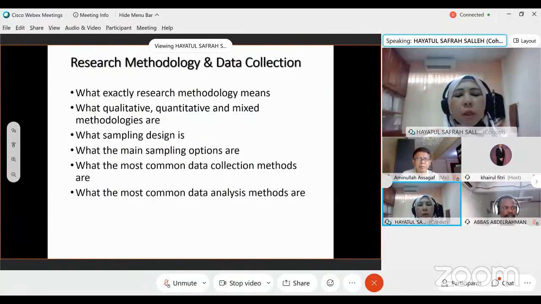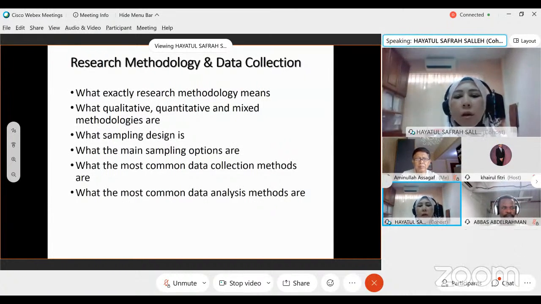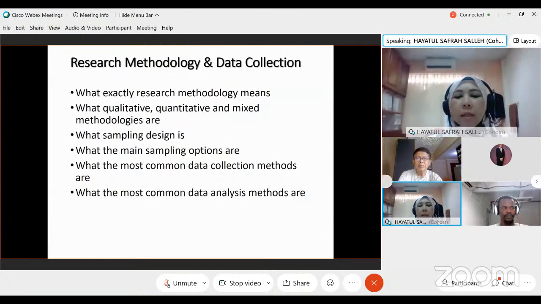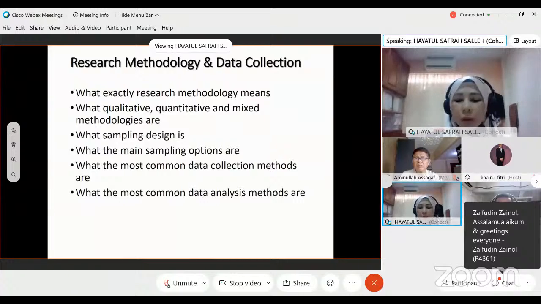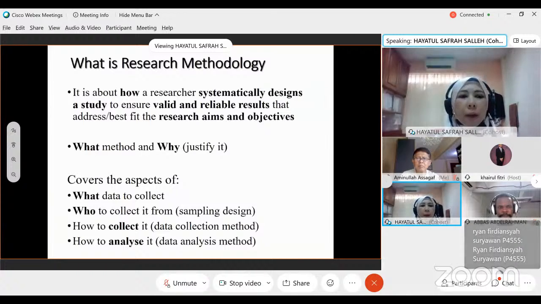And lastly, we will discuss the common data analysis methods. I say common because there are a lot of data collection and analysis methods you can use, but we will only discuss the most common ones that researchers normally use in their research.